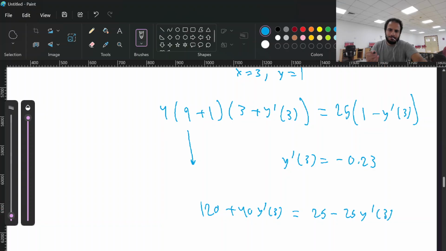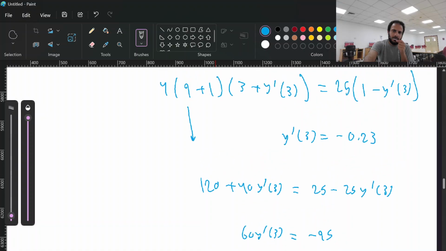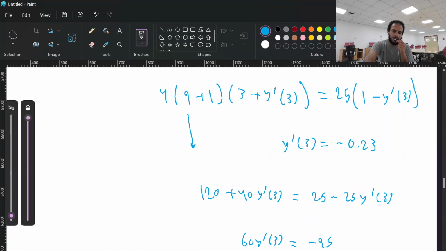Then add 25 y prime to both sides, so you get 65 y prime. Also subtract 120 from both sides, you get minus 95. Then y prime equals minus 95 divided by 60. Is this correct? I think yes, it's correct.